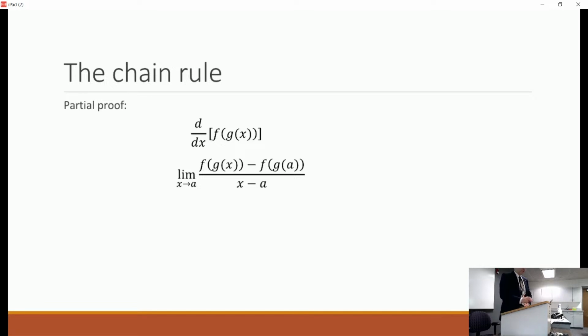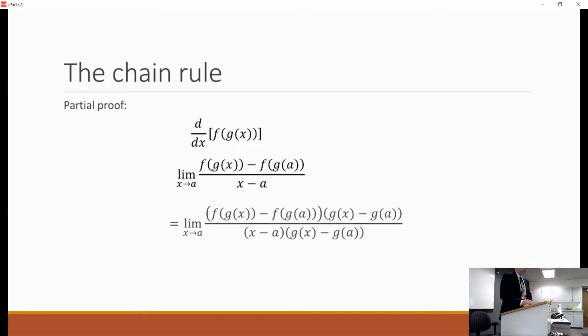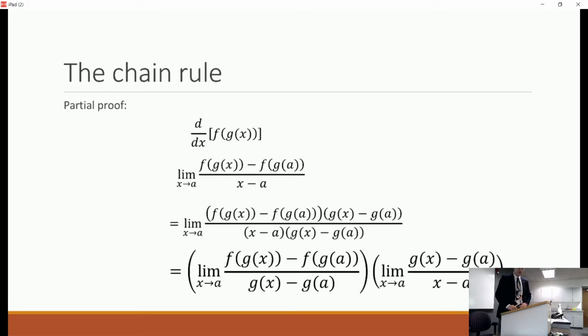But anyway, if you go through this using some tricks, the first trick is to multiply top and bottom of this thing by g of x minus g of a. You end up with an expression that looks like this, after doing a little bit of algebra. This looks suspiciously like the derivative for g, and it is.